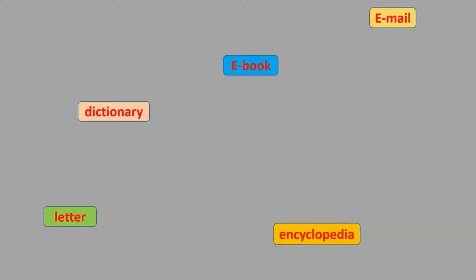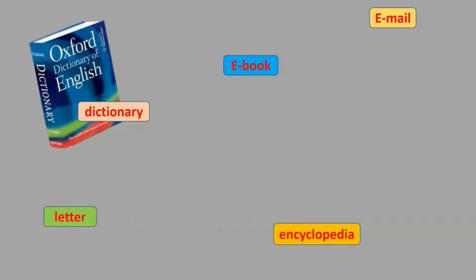Okay, moving on to our vocabulary words. If you will notice, there are no pictures yet, but we will try to find out what is the first picture that you are going to see. Perfect. That is dictionary. In this case, it's an Oxford Dictionary of English.